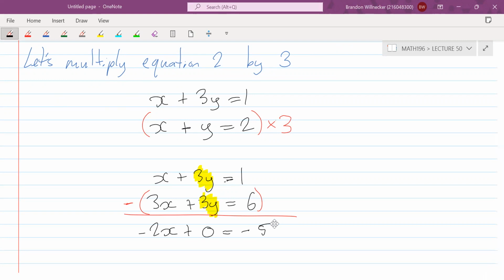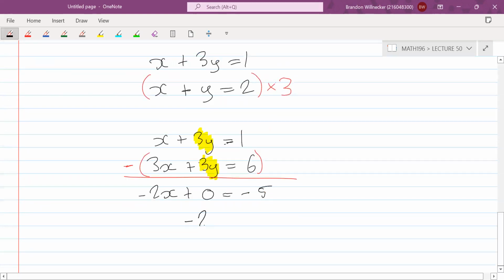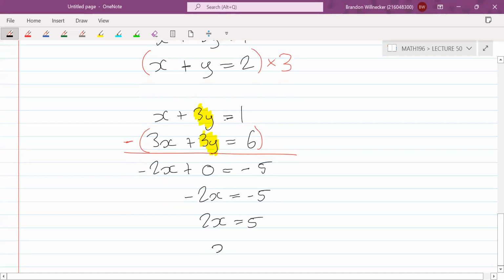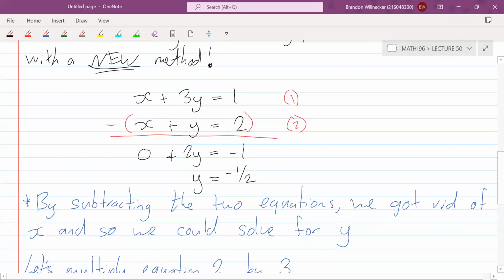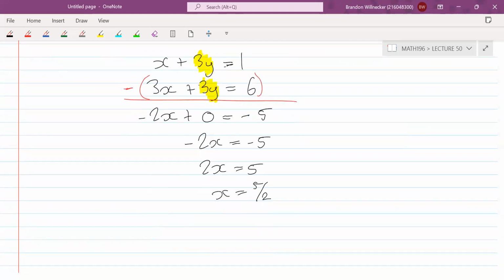Okay, so we get minus 2x is equal to minus 5. So 2x is equal to 5. So x is equal to 5 over 2. Okay, so we get our two solutions. We have y is equal to minus 1/2 and x is 5 over 2.